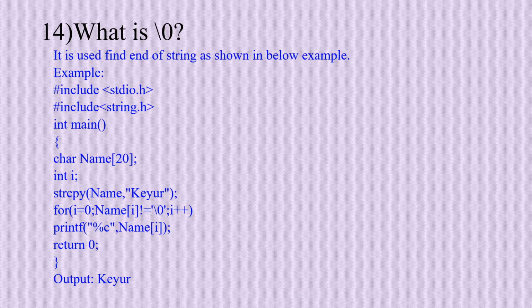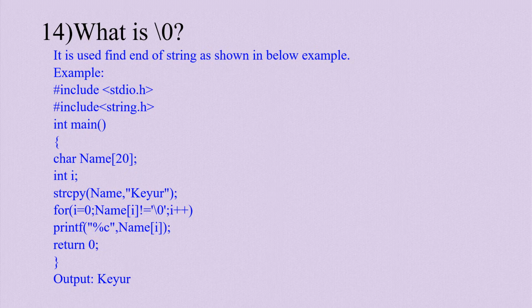Now the last escape sequence that we are going to see today is slash 0. Slash 0 is used to find the end of the string. If you are using a string or character array, the last character will always be slash 0.